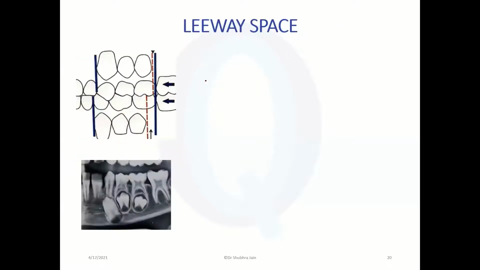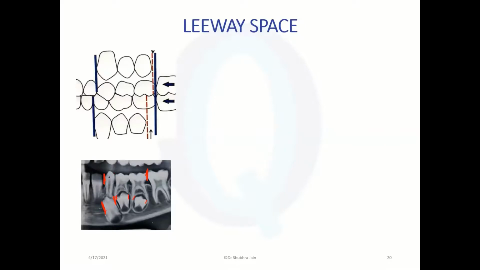Next is what is leeway space. Now, leeway space ideally should be calculated on an IOPA, but I've just put a radiograph so that I'm able to explain it to you. Leeway space is the combined dimension of the primary canine, first molar and second molar, and the permanent canine, first premolar and second premolar.